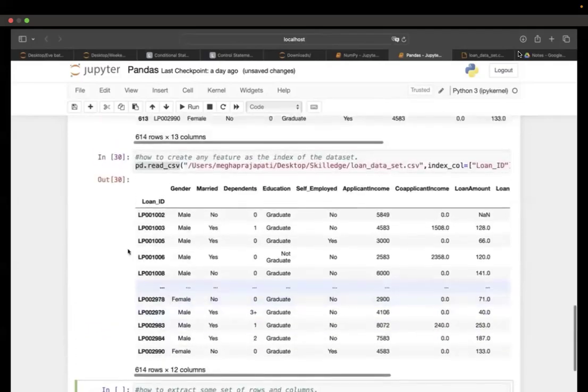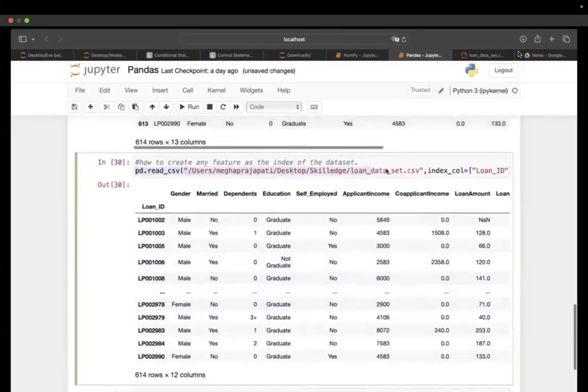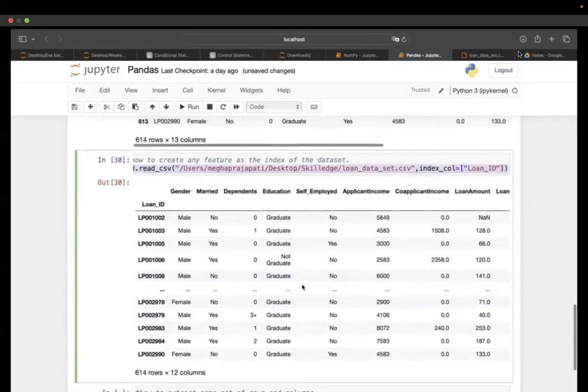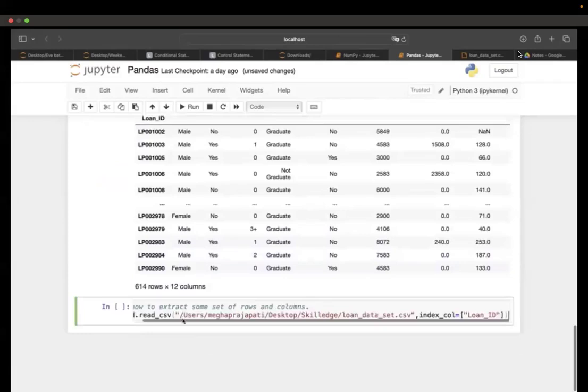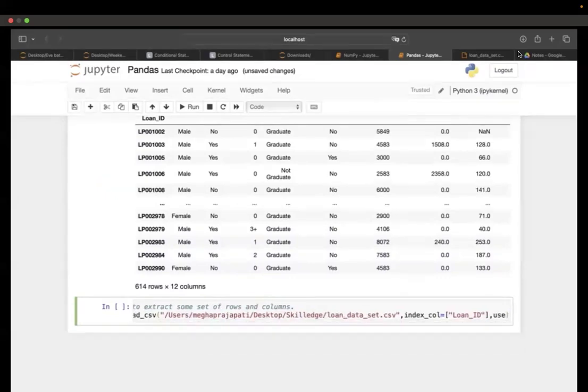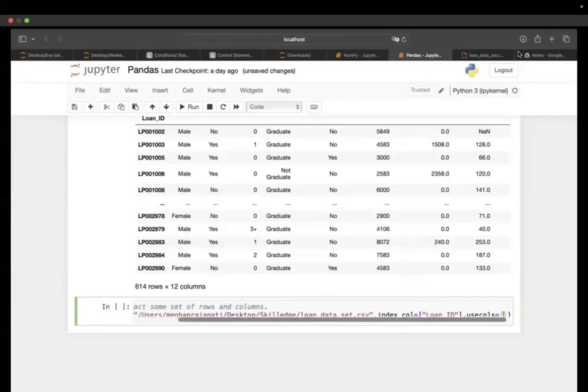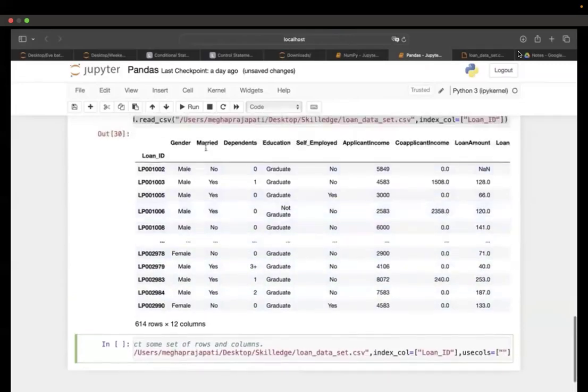So again, I'm picking the same read CSV line, pasting it down right here, keeping the index call as it is, putting one comma here for the selection of columns. I just want to select some particular columns. I'm going to simply write usecols equals to, in these square brackets, I'm going to mention the name of the columns which I want to extract.